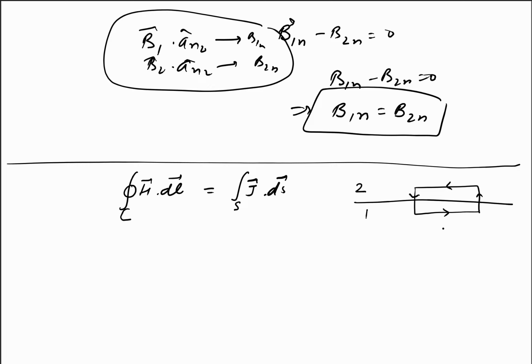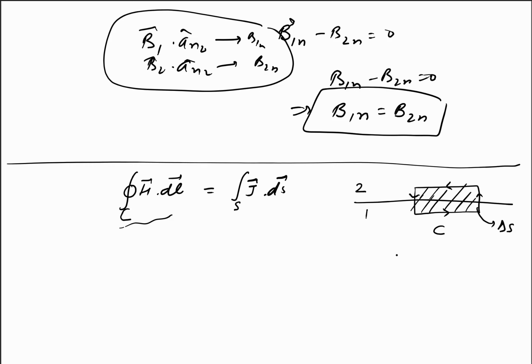So this is curve C which is enclosing this surface area, and this surface area is delta S. Now the current through this surface area is equal to this integral along this boundary, or the line integral over this boundary.